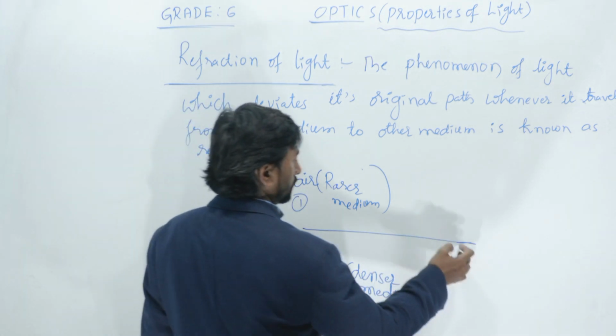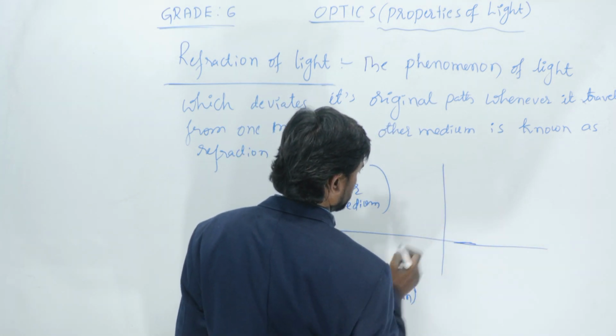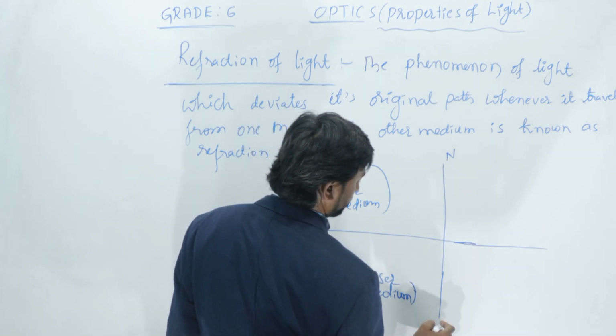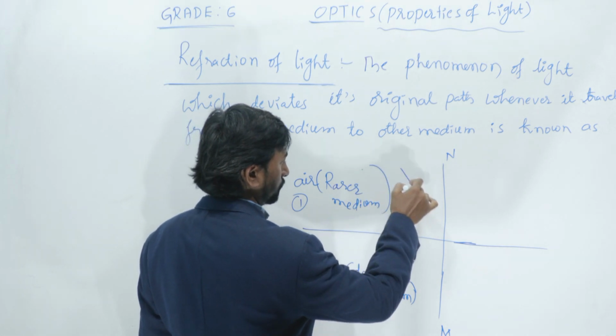Now if you take the normal at this point of incidence, this is the normal, N and M. Suppose the light is traveling from air to water.